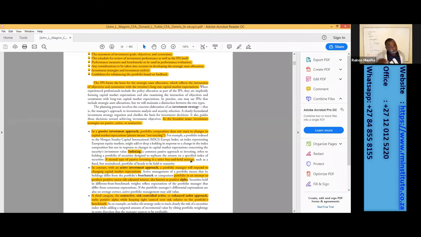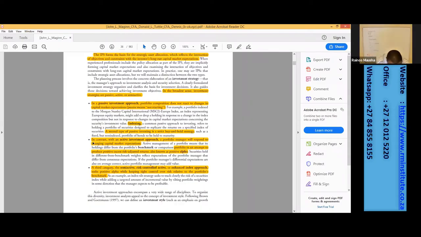Then over the 5-year period, you're not going to be chopping and changing. You're just going to hold on to that investment until the end of the investment horizon. So that's another type of passive investment approach, which is basically a buy and hold strategy as well. So those are the two types of passive investment approach. Is there any question when it comes to the passive investment approach?